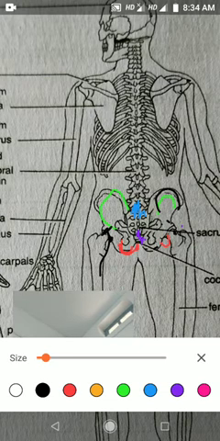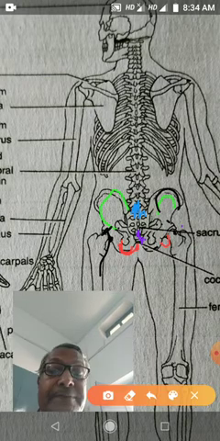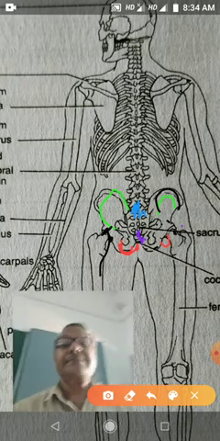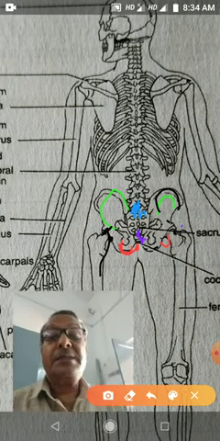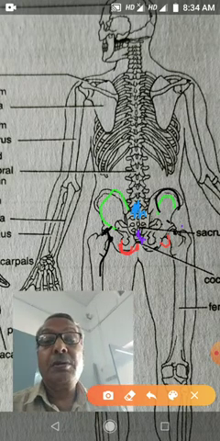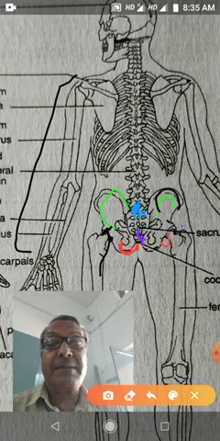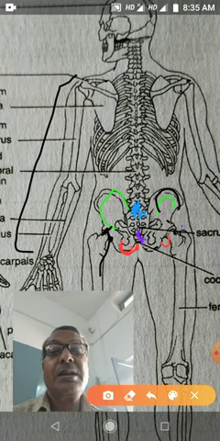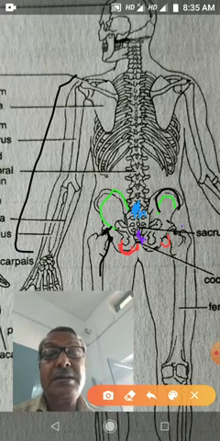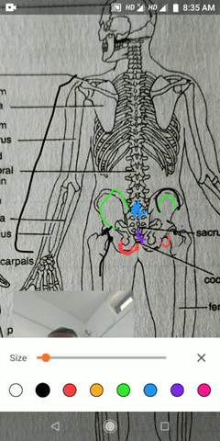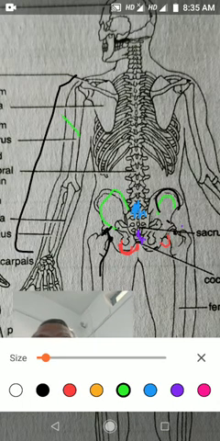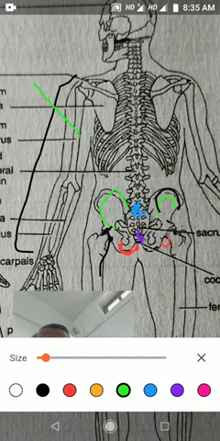Now next you see the bones of the limbs. This portion is coming in the forelimbs. In the forelimbs, many bones are present. This bone is the humerus. There are two bones, one is the radius and the other is the ulna.